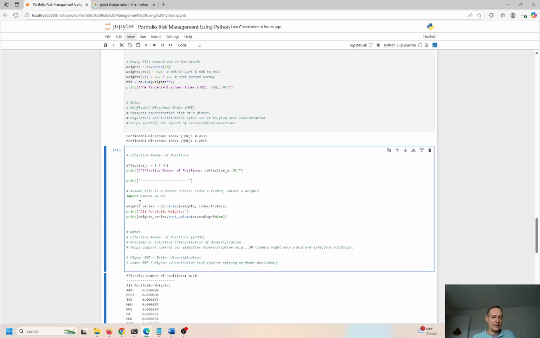And basically, this provides intuitive interpretations of the diversification of the portfolio. It helps us compare nominal versus effective diversification, and then how everything is spread across all the holdings. Okay. And this ENP, effective number of positions, just gives us better diversification and helps us understand higher concentration risk.